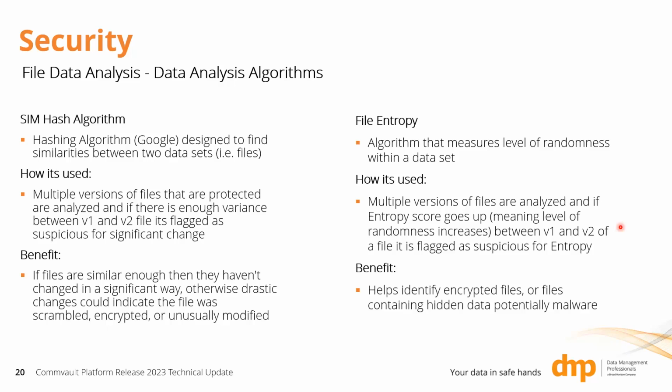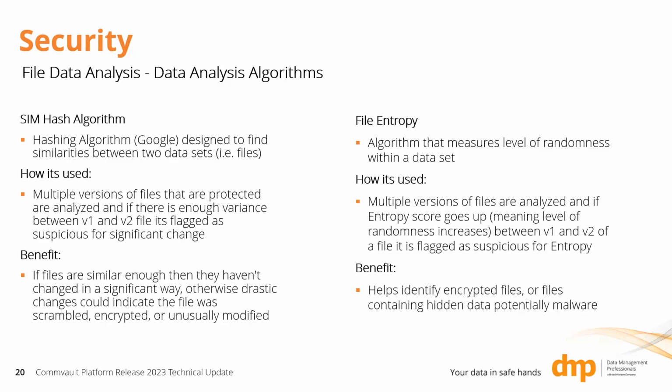The file entropy works on a scale from 0 to 8. And if the entropy increases by 2, for example from 1 to 3, then it's also flagged as an anomaly. So also here, multiple versions of the file. So it's always the changes for one file at the version level that it looks at to see if there are any anomalies or not.